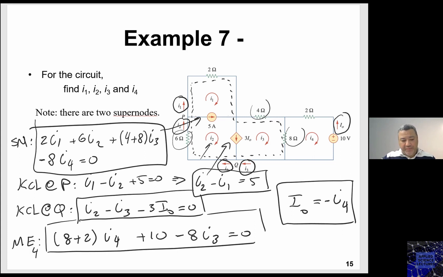I'll stop here, and sorry we're 3 minutes late. We'll continue in the next lecture. We'll probably go through one more example, and then in the office hours or in the tutorials, you can see all the details for solving 3 or 4 simultaneous equations.